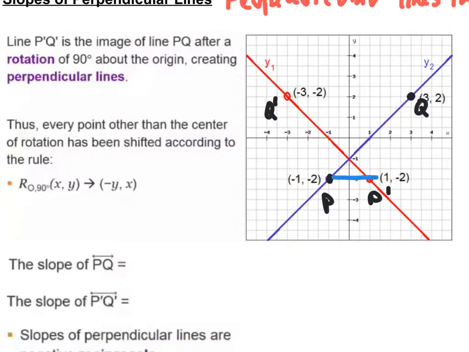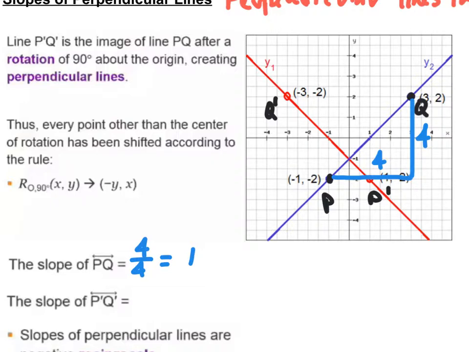I'm going to create a right triangle here. I go from -1 all the way to 3, so that's a horizontal change of 4. My vertical change going from 2 down to -2 is also a change of 4. So my slope of PQ is 4 over 4, which gives me a slope of 1.